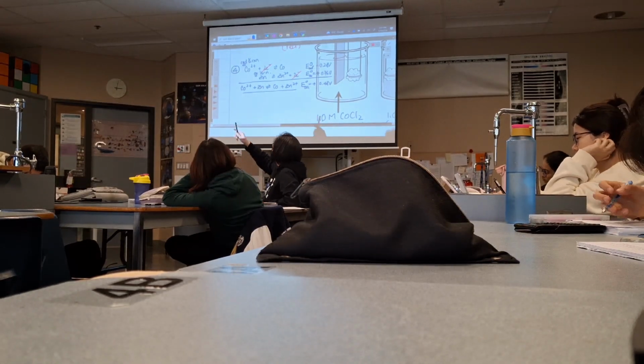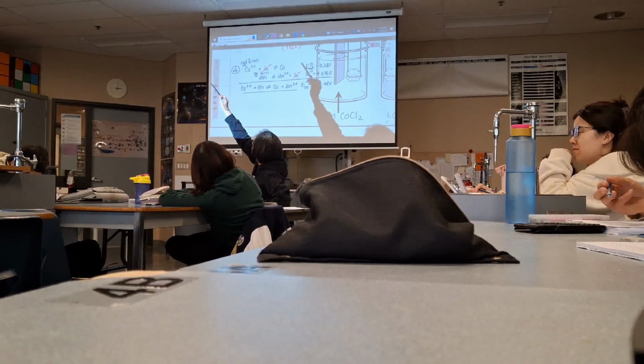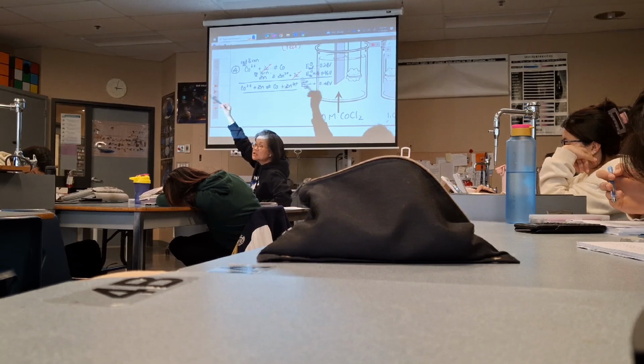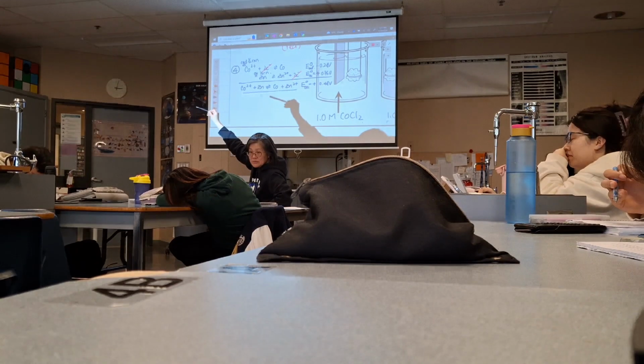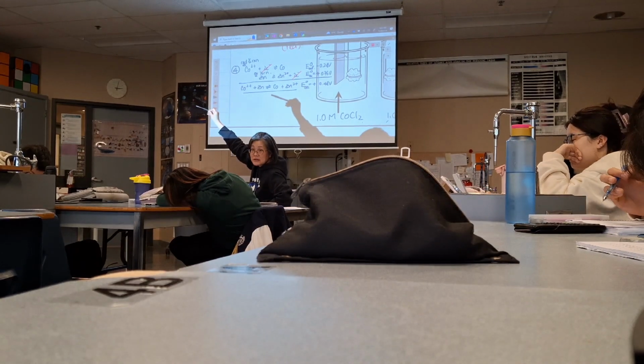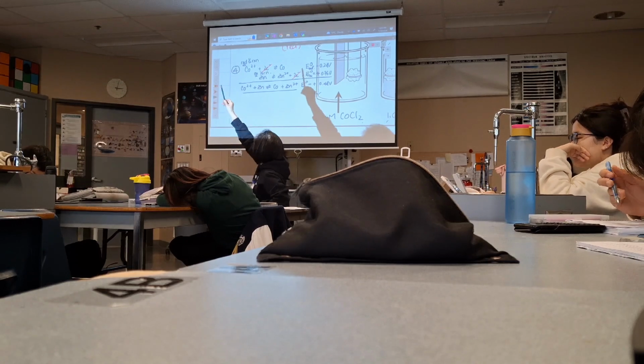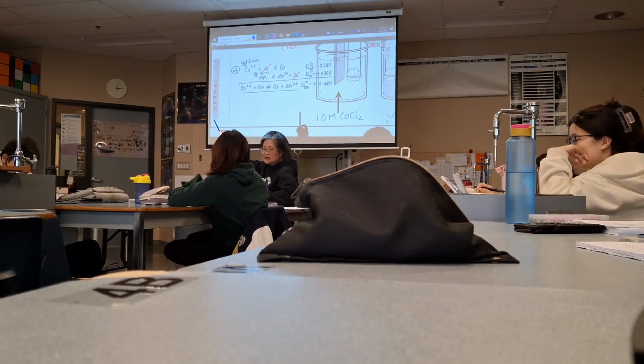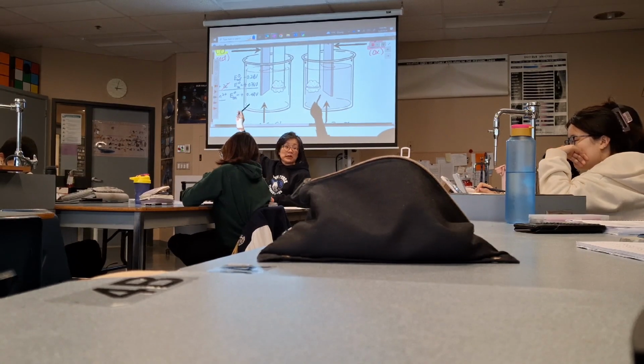So do you see how I've combined the reduction half reaction and the oxidation half reaction, just like how you guys did before? Do you guys see that? But this time, one of these reactions is happening in one beaker, the other reaction is happening in the other beaker.